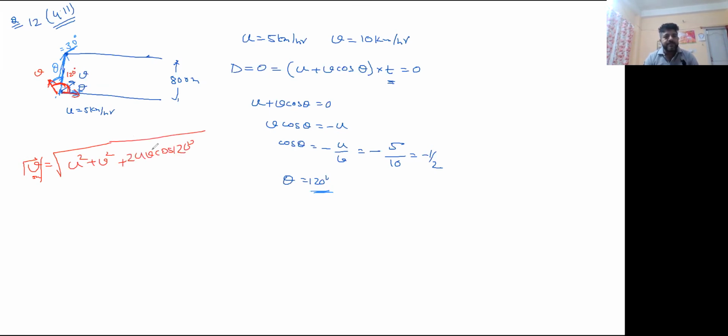That is a square plus b square plus 2ab cos theta. U is 5, so 25, v is 10, so 100, plus 2 into 5 into 10 cos 120 degrees, which is minus half. So 25 plus 100 minus 50, that is root 75 kilometer per hour.